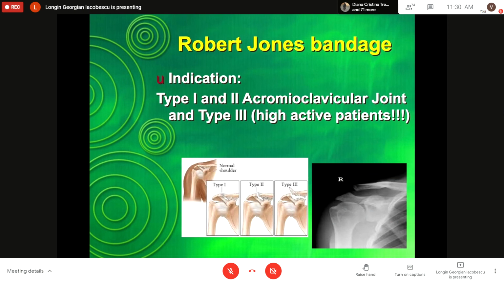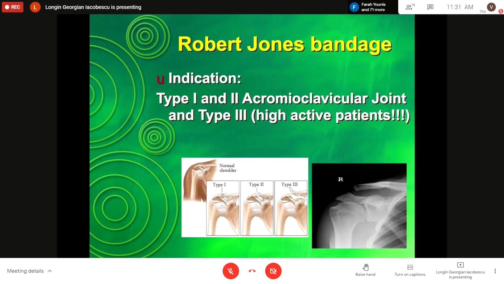Its indications are type 1 and 2 acromioclavicular joint sprains, and type 3, but only in non-active patients, because when a type 3 sprain of the acromioclavicular ligaments appears in highly active patients, according to the Rockwood classification, usually they consist of surgical treatment.